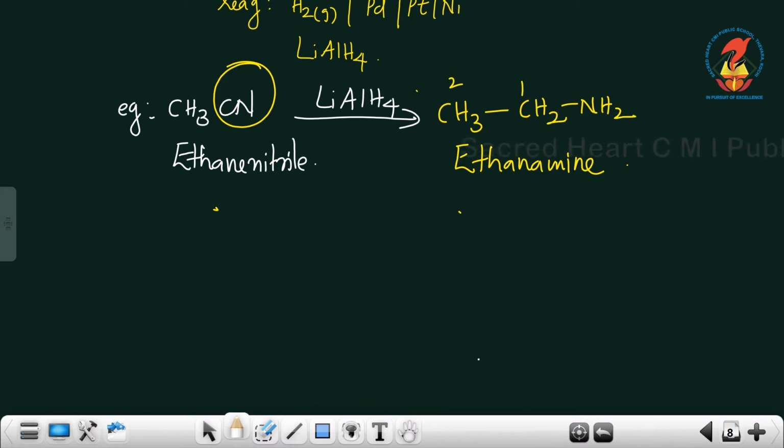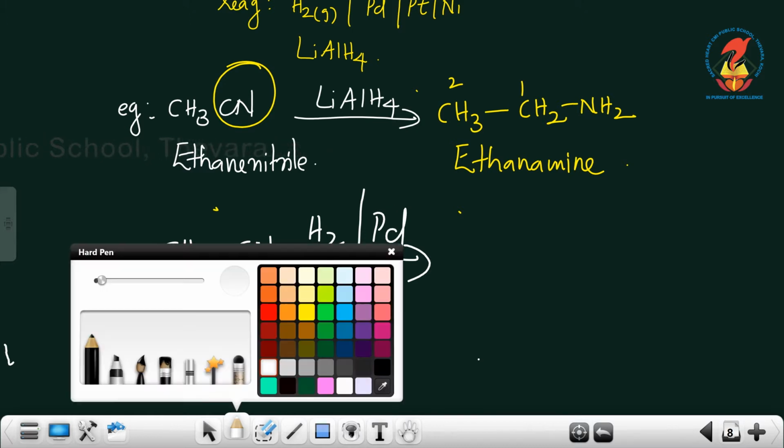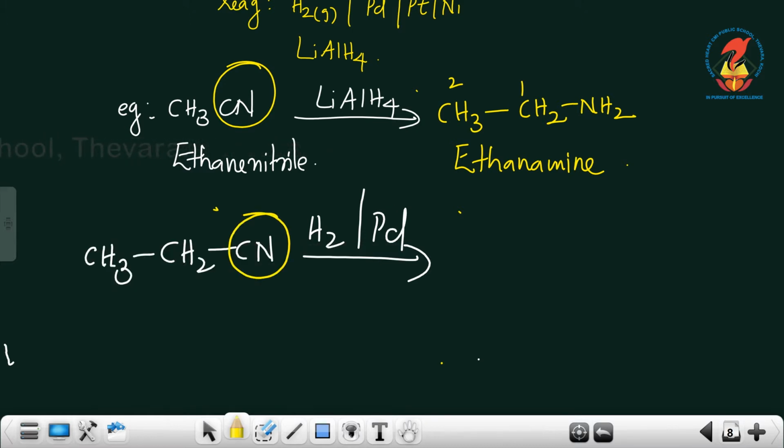Another example is CH3CH2CN on reaction with hydrogen on palladium. So from the reagent above the arrow it is clear that it is reduction happening, and here we have a cyano group. Cyano group on reduction we know that CN group will change to CH2NH2. So replace CN by CH2NH2 and the remaining things we can copy.